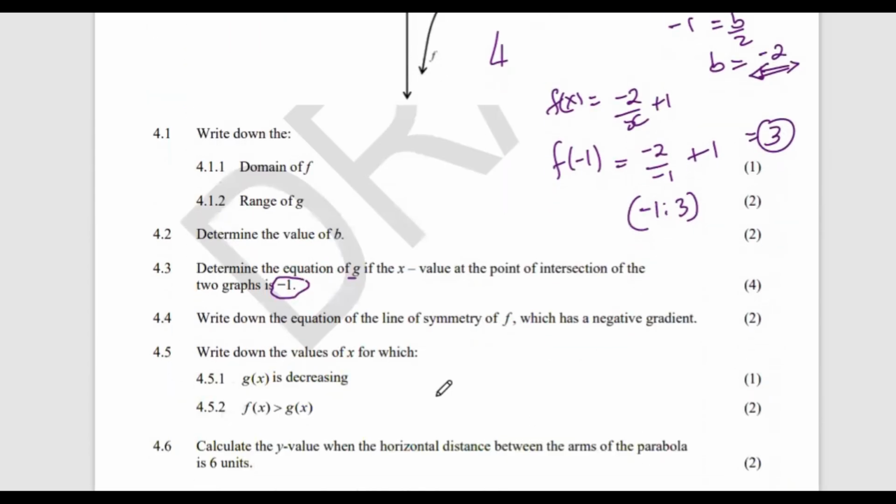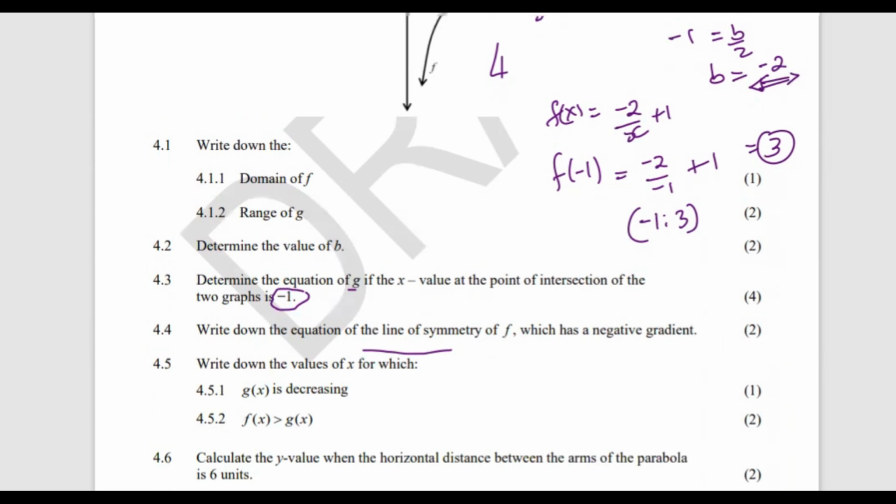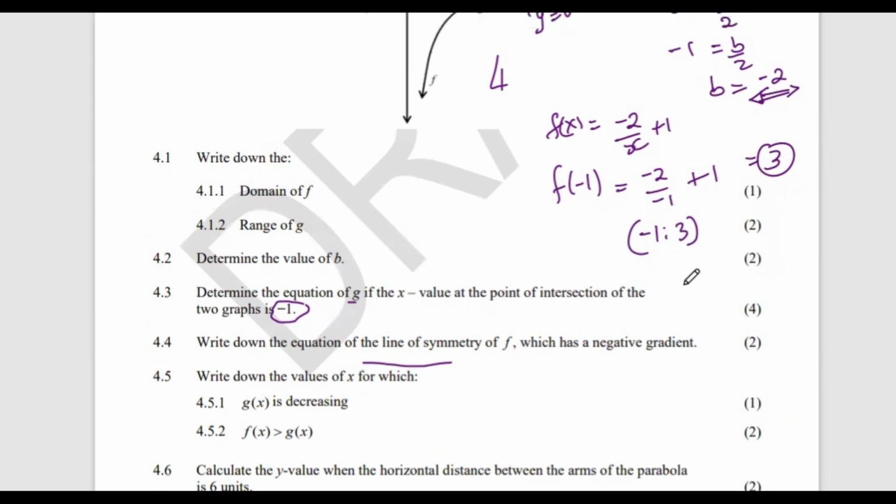All right, then: write down the equation of the line of symmetry of F, which has a negative gradient. So the equations of the axes of symmetry for the hyperbola are always given in the form y is equal to x plus c, and then y is equal to negative x plus c. Now, when they talk about a negative gradient, we're going to use this kind of equation.